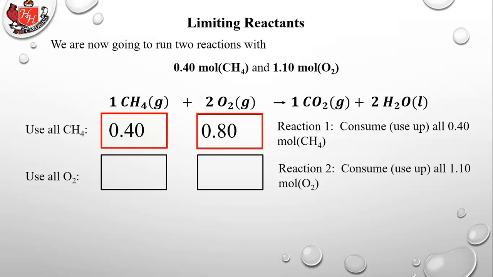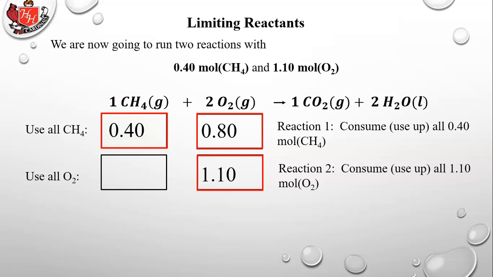Now we're going to go down to the lower level and run the reaction where we use all of the moles of O2. In the O2 column, on the bottom level where it says use all O2, we're going to put the 1.10 moles right there.